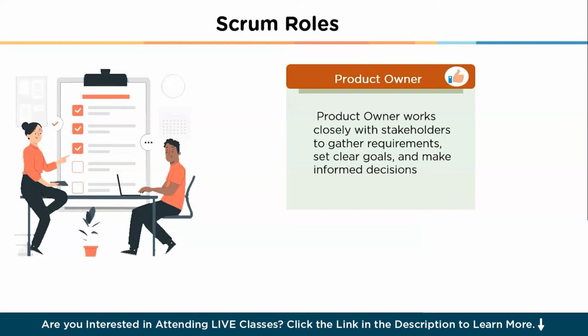The product owner works closely with stakeholders to gather requirements, set clear goals, and make informed decisions about the product direction. The key responsibilities of the product owner include defining the product vision and roadmap, creating and managing the product backlog, prioritizing backlog items based on value, risk and urgency, ensuring that the team understands the backlog items and their importance, and also accepting or rejecting completed work based on predefined criteria.